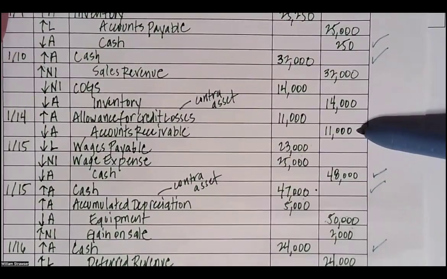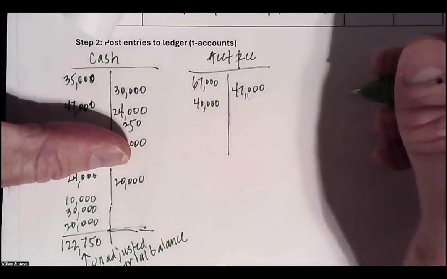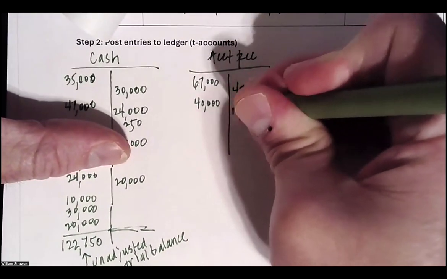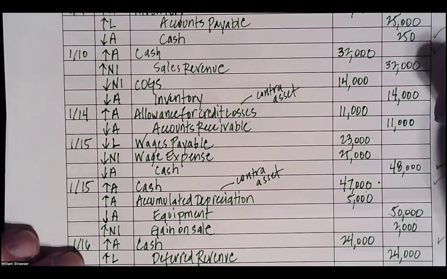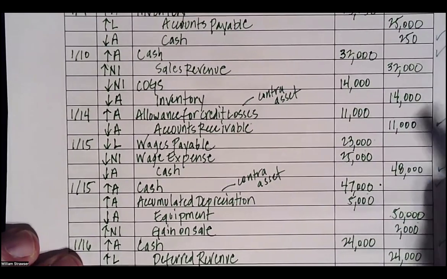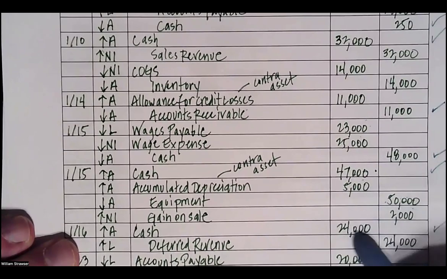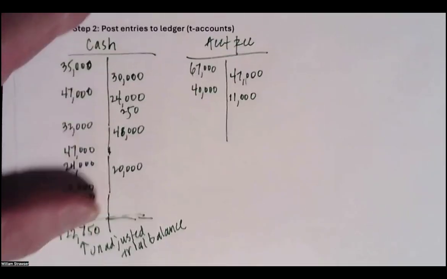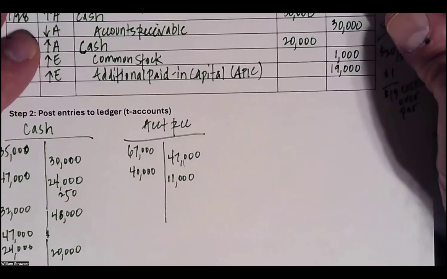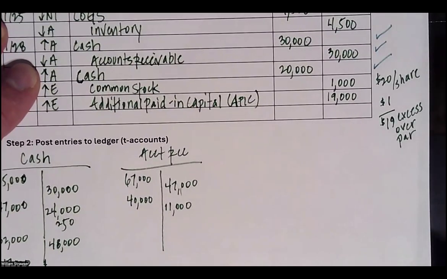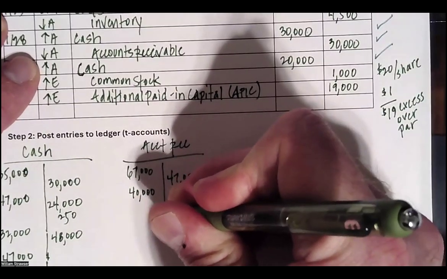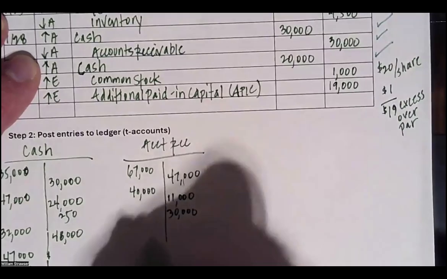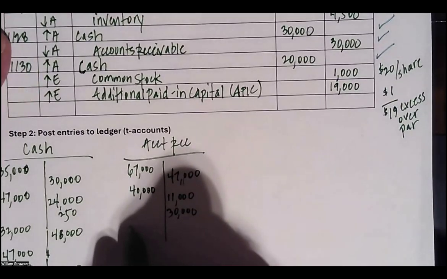Oh, here's one, 11,000 credit to accounts receivable. We've included that. Looking for the next accounts receivable, none there. But finally, a $30,000 credit here that I need to include. Put that down on the right. And that's all the accounts receivable.